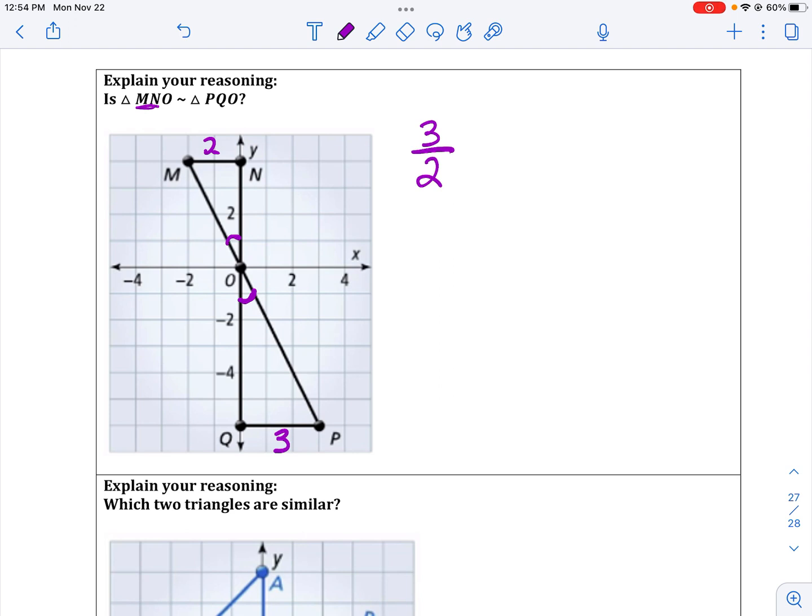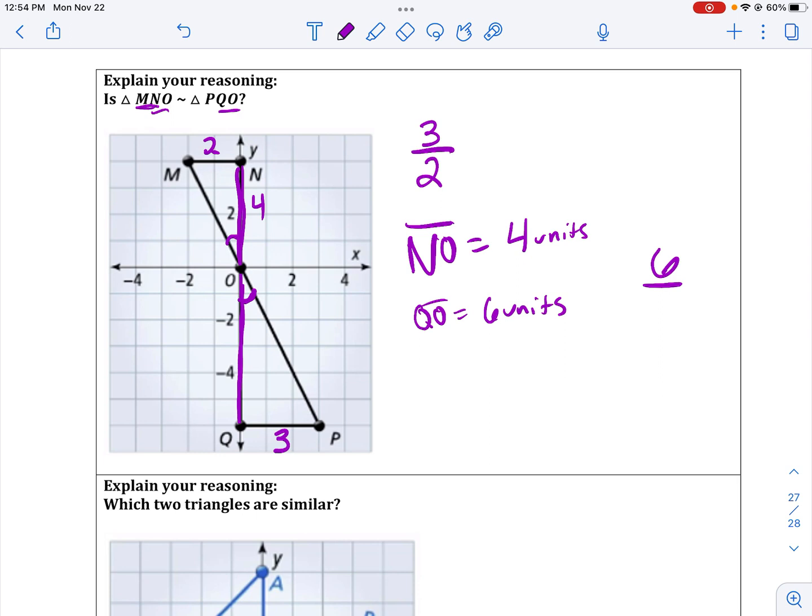Now if I look to NO, so segment NO is 1, 2, 3, 4 units. And then side length QO is 6 units. Now, Q to O is in the image, so 6 goes on top over the original.